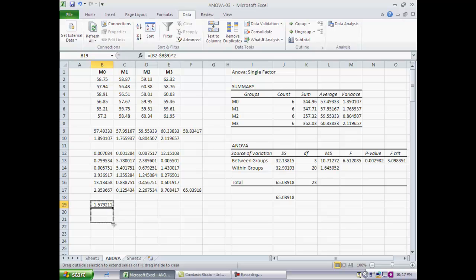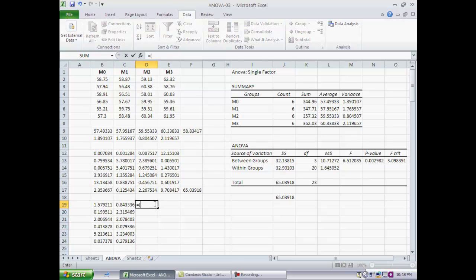Then I go to the second group and I do the same thing. How far is this data point, 58.87, from the middle of the second group? Notice that now I'm treating each sample as a separate group instead of treating all four of them as one big group. So I subtract this, square it, and I think you know where I'm going with this now. I just copy this formula down.